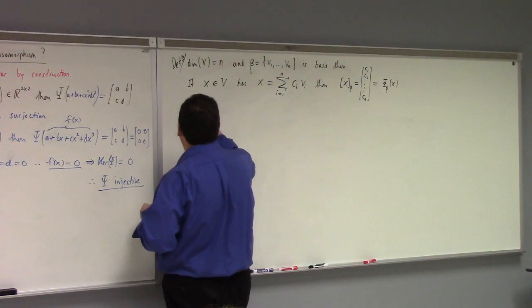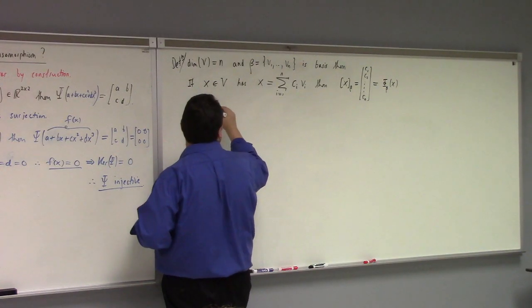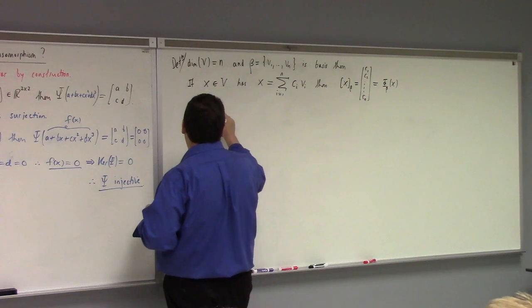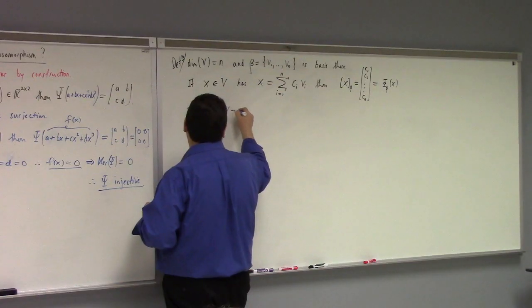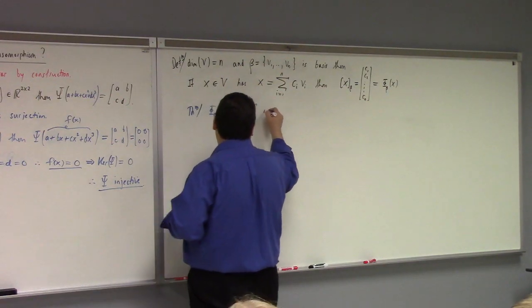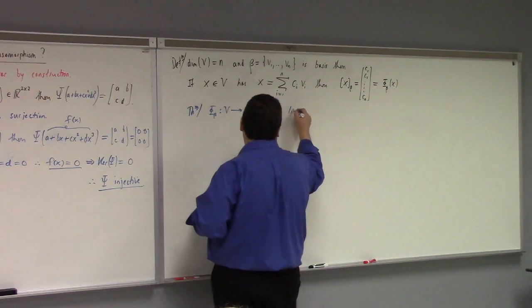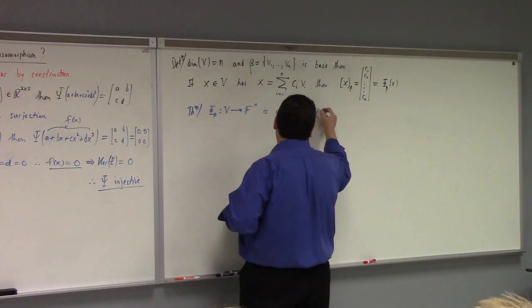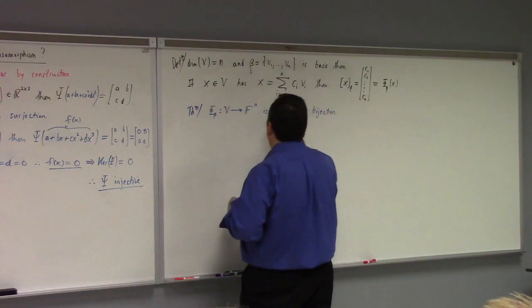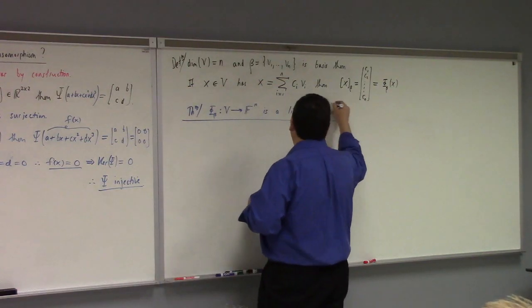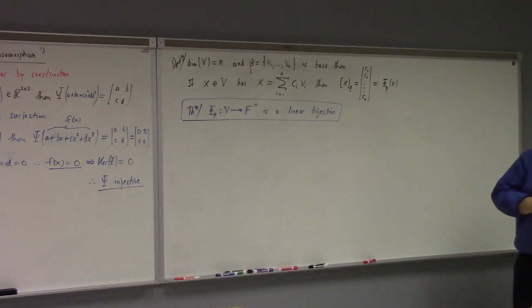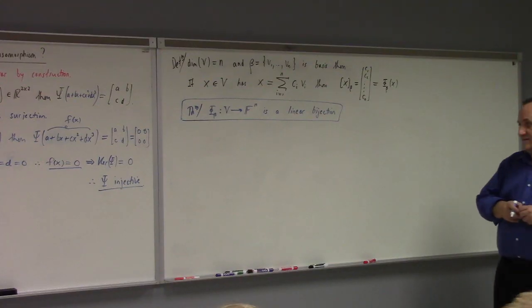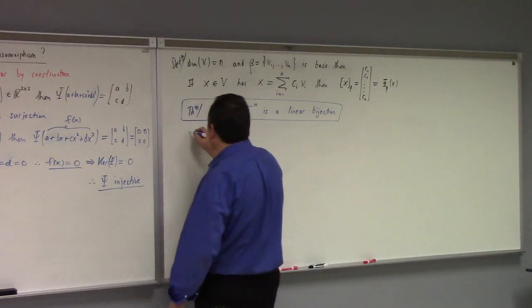So a theorem we can prove that would be super easy to prove is that phi beta, which goes from the vector space V to Fn, is a linear bijection. I would point out that you could define it by linearly extending, as an alternative perspective.